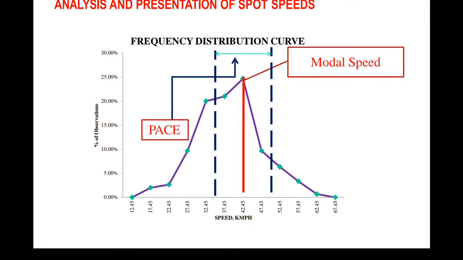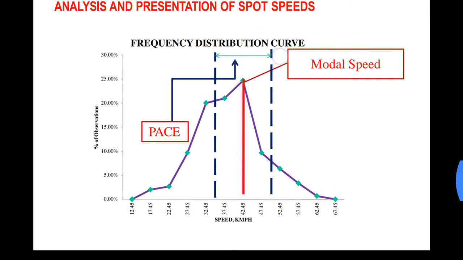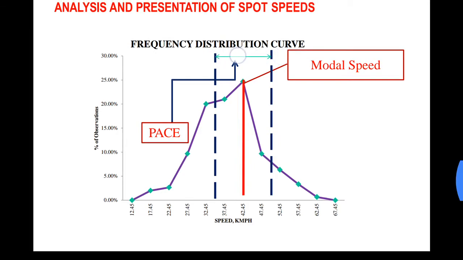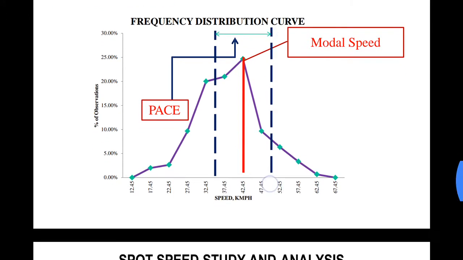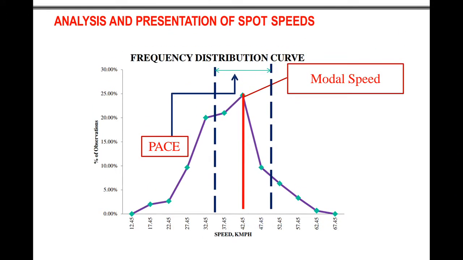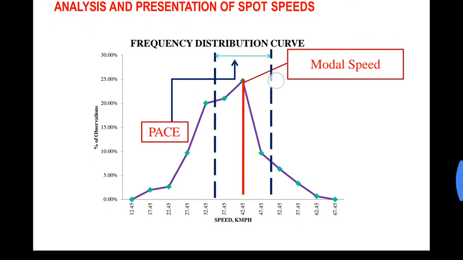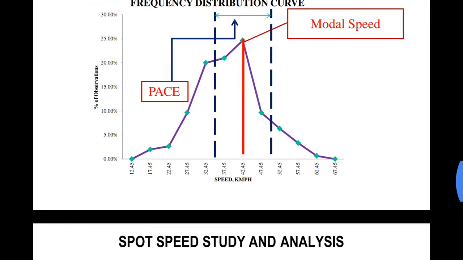And we know what pace is. Pace is the range of 16 kmph. So this range is a total of 16 units. What we do is from this line we take 8 units to the left side and 8 units to the right side, and then we drop 2 perpendiculars over here.